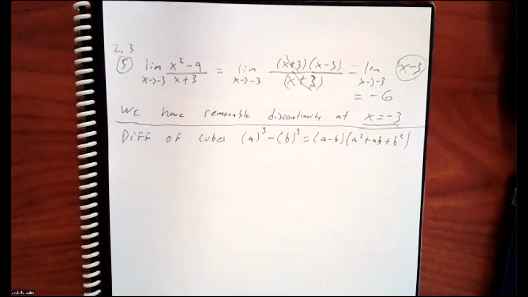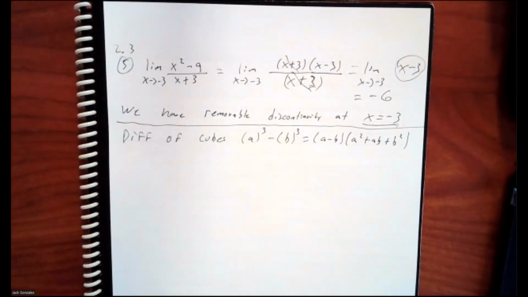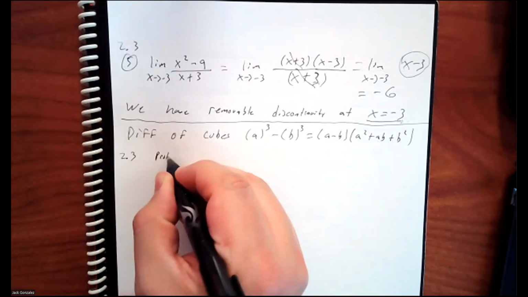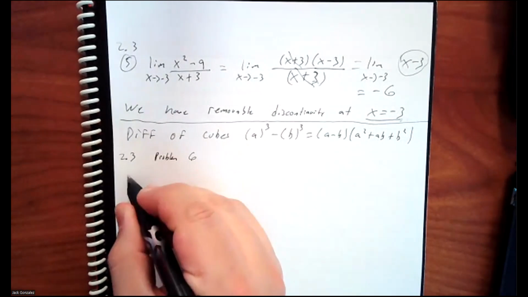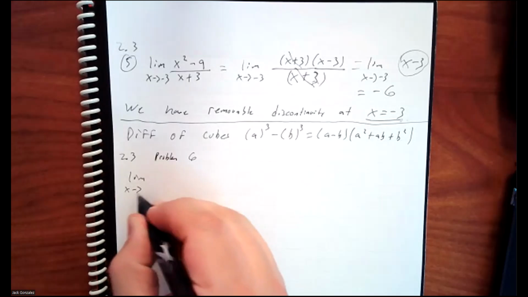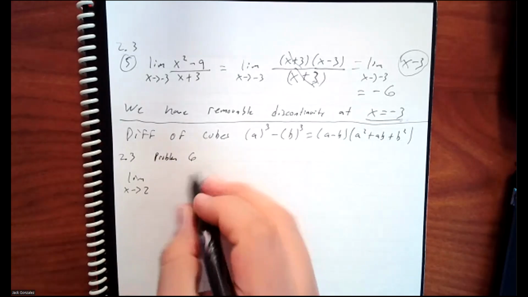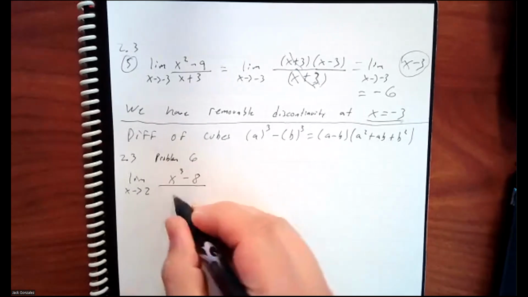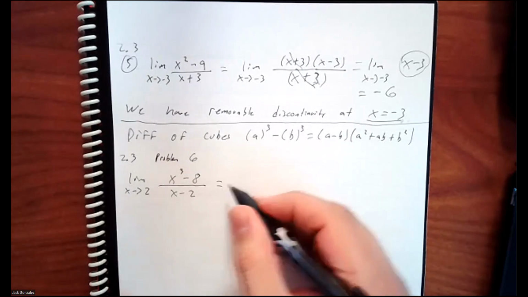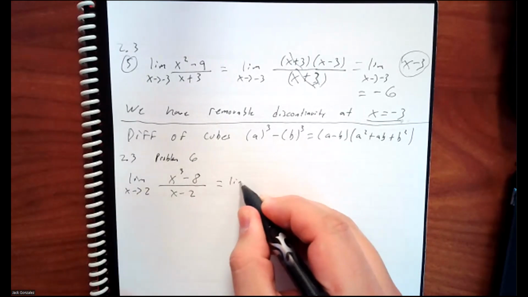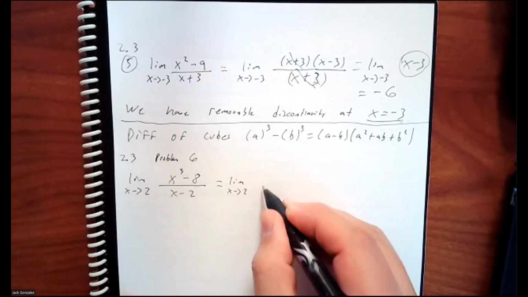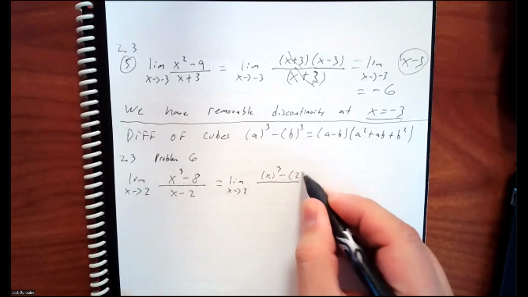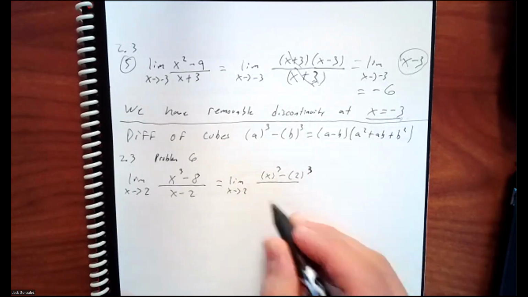What were your numbers? The limit as x approaches 2 of x cubed minus 8 over x minus 2. Okay. So use the difference of cubes on top. That is the same as x cubed minus 2 cubed, right?